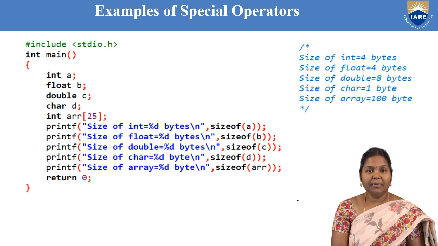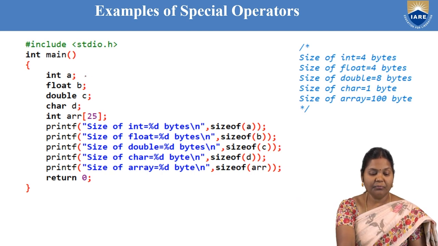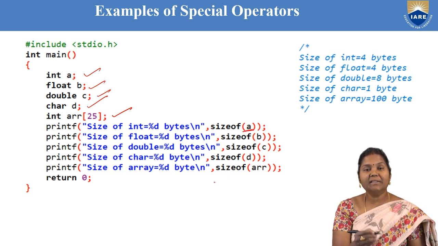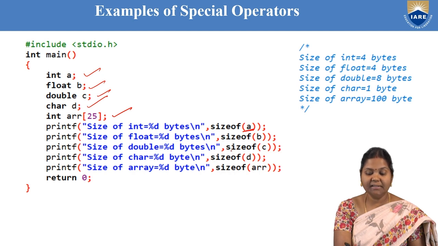Now, in this example, you can see that there are 4 variables. One is integer, one is float, one is double, and one is character type. And there is an array also. Using sizeof, you can find out the memory requirement of each of these variables. Size of A is what? A is integer type, so it is 4 bytes. Size of B is float type, it is also 4 bytes.